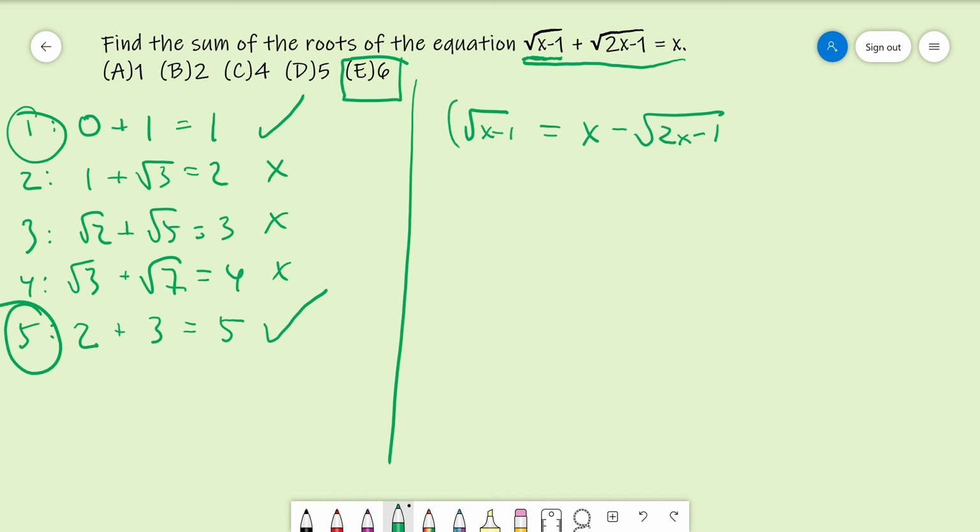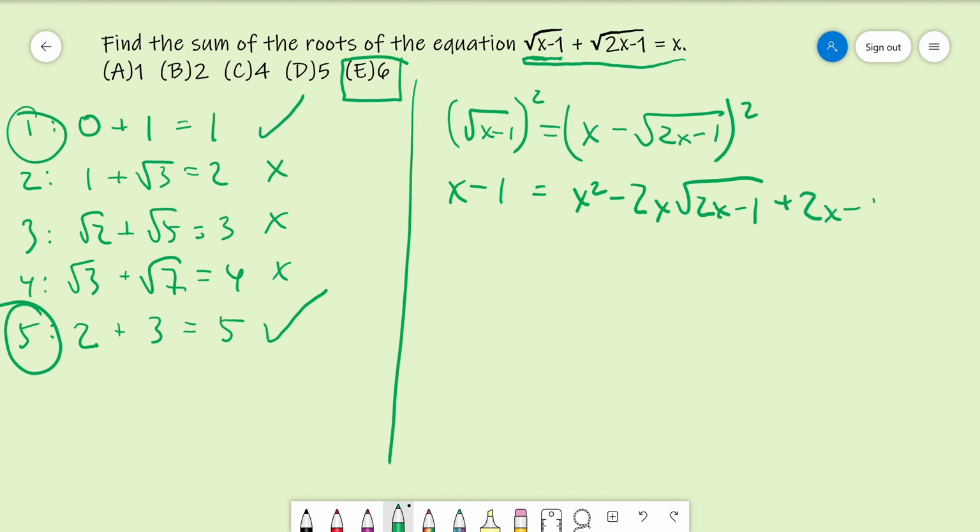So if we square both sides, we'll get x minus 1 equals x squared minus 2x square root 2x minus 1 plus the square of root 2x minus 1 is just 2x minus 1.